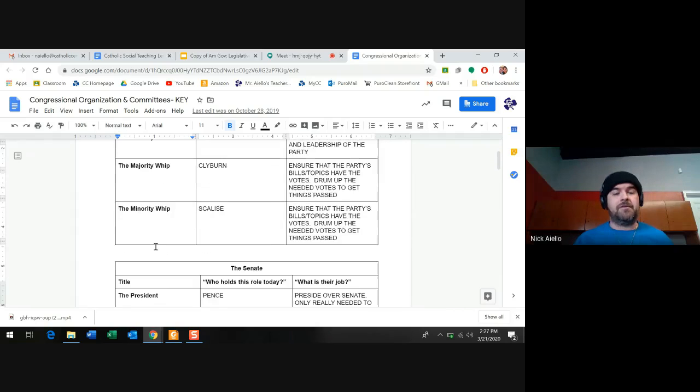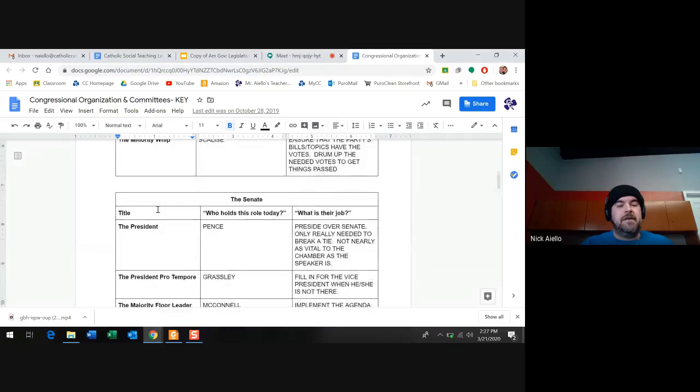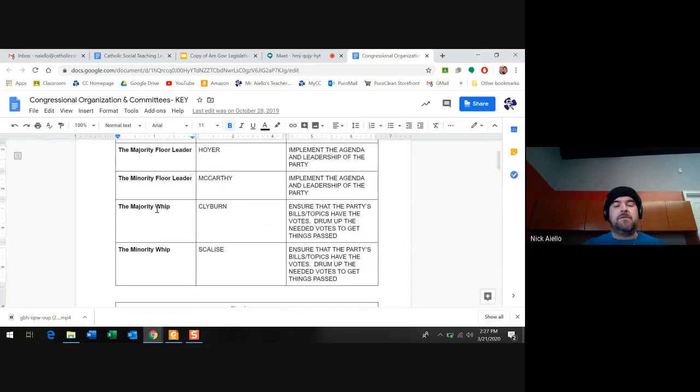Now, the whips are interesting. You have a whip for both the majority and minority party, and you have a whip in both the Senate as well as the House. Their job is to ensure that the party's bills have the votes that they need to pass. So their job is to go from group of people to group of people and try to drum up votes.